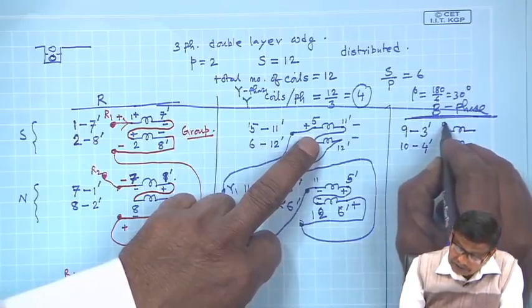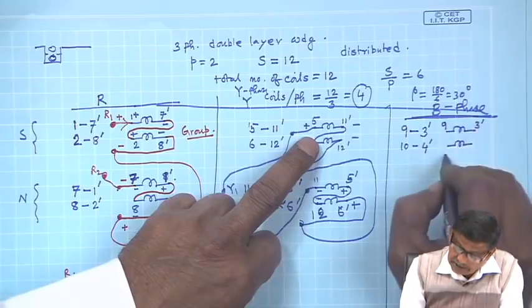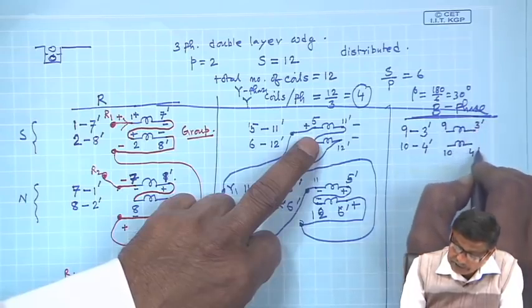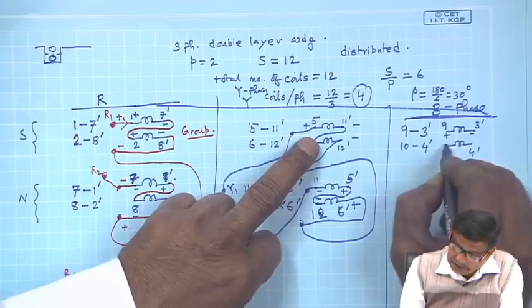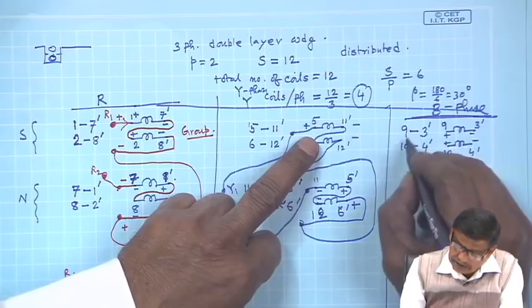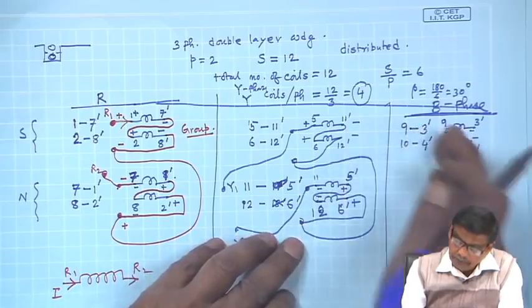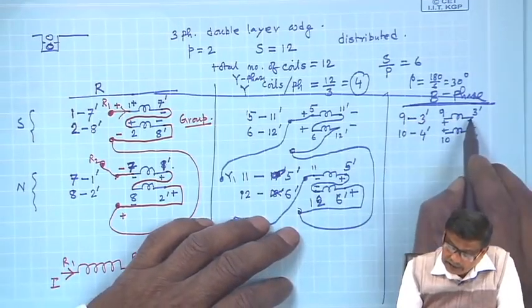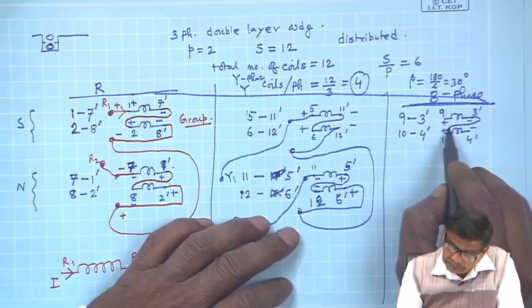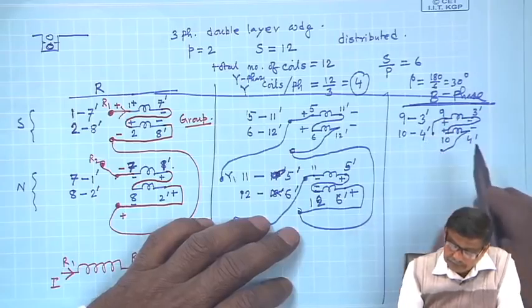So, its terminals are 9 3 dashed and 10 4 dashed. And this is plus minus. Imagine that this 9 10 is under north pole or south pole, some particular pole, polarity is like this, and I will connect them in series. These are the group terminals.